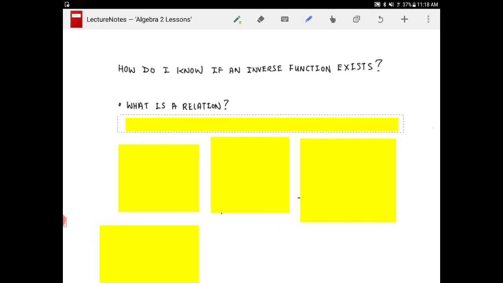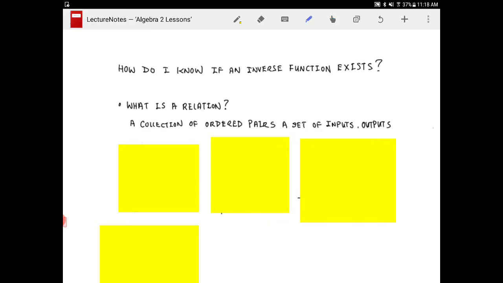Well, a relation is not quite a function, but it's something a little more general. It's just a set of ordered pairs, or in other words, a set of inputs and outputs. So it's a set of data points.